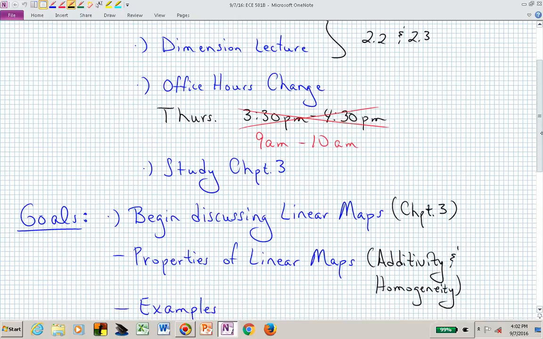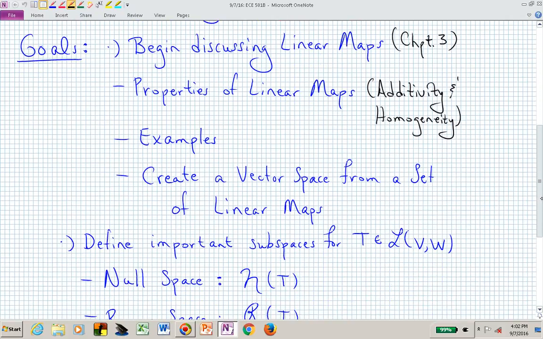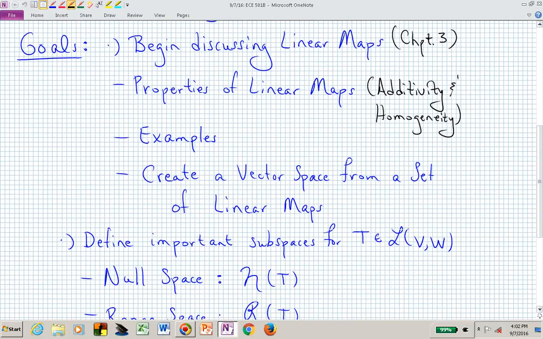Today we are starting Chapter 3. The main theme for Chapter 3 is linear maps, and that now allows us to map between vector spaces. We've talked about vectors.